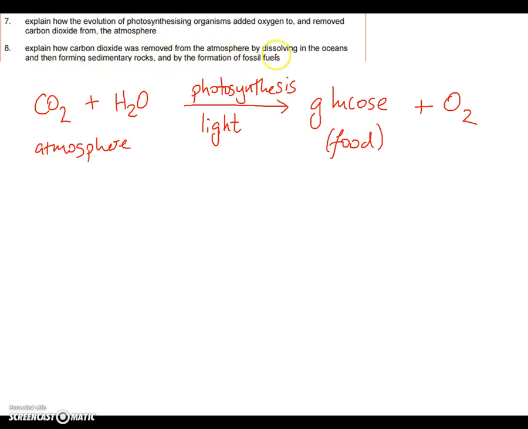Explain how carbon dioxide was removed from the atmosphere by dissolving in the oceans and then forming sedimentary rocks and by formation of fossil fuels.